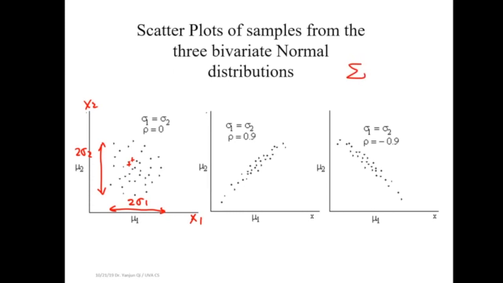Also remember this: when rho equals 0, and the data looks like that, with this specific sigma as diagonal sigma 1, sigma 2, 0, 0 here, what does this indicate? Is this a naive distribution or not?